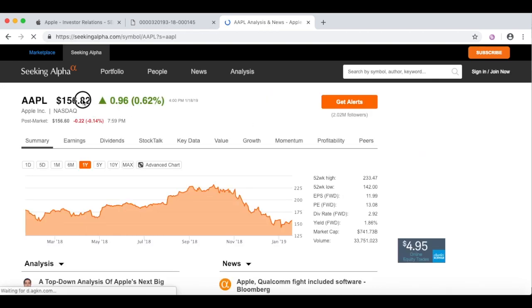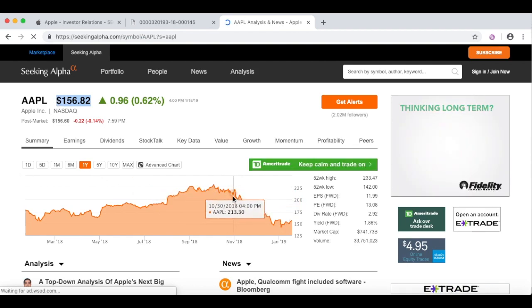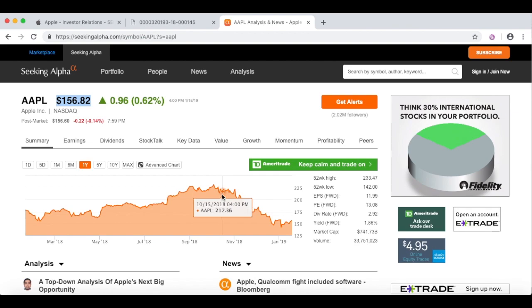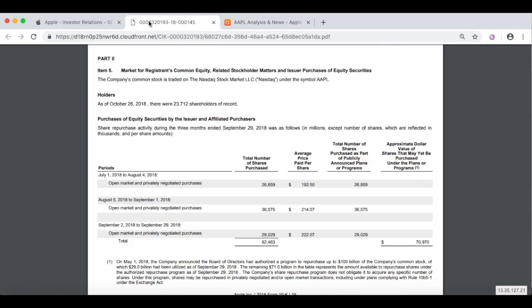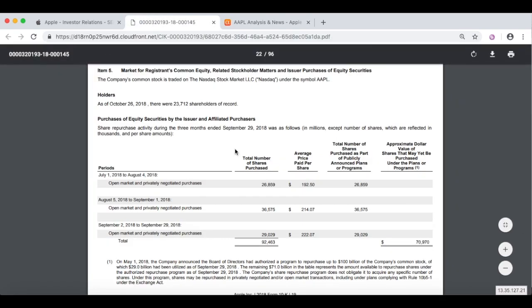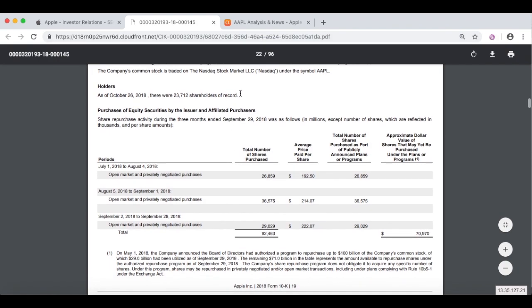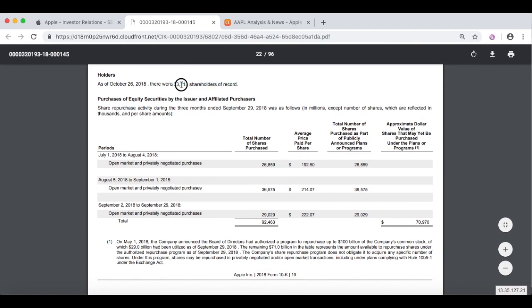Apple stock price, $156. Seen over the last year, especially the last couple months, it was up at $200 or so. The reason why I took a second to bring up Apple's current stock price: look at this, 23,000 shareholders of record. That's a lot. Okay, you look at some other companies, it's a lot lower than this.